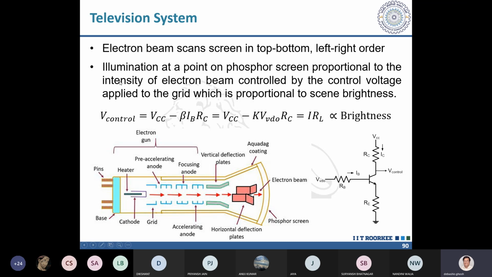So ultimately this V control signal is proportional to the brightness of the scene, and that V control is applied in this grid. If you have more brightness, the grid anode will have more positive voltage, and hence it will pull more electrons from the cathode, and hence you will have more brightness.